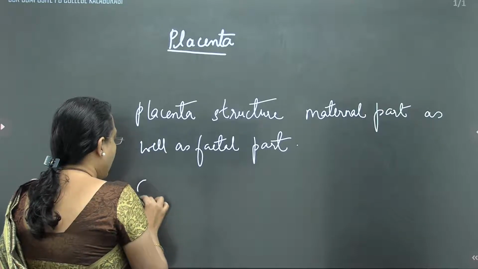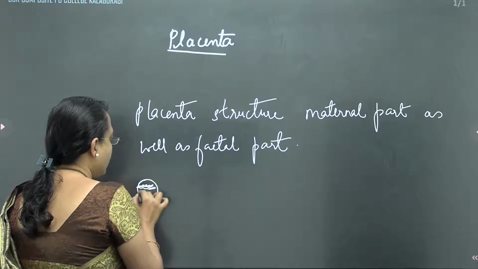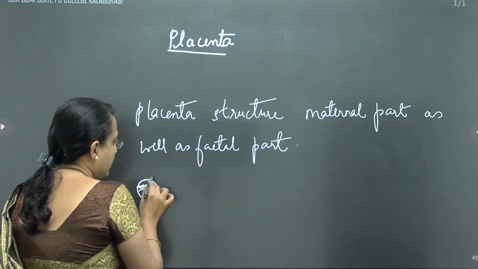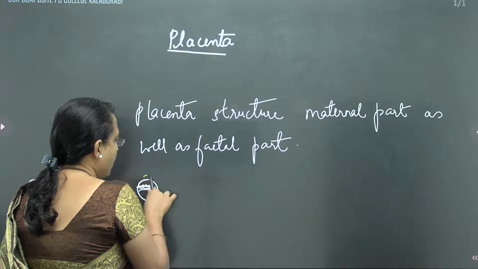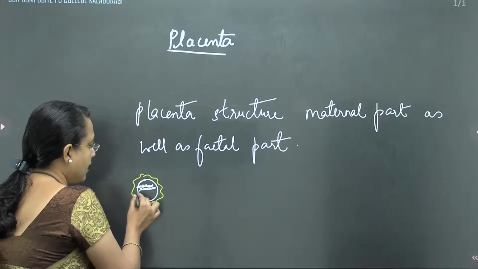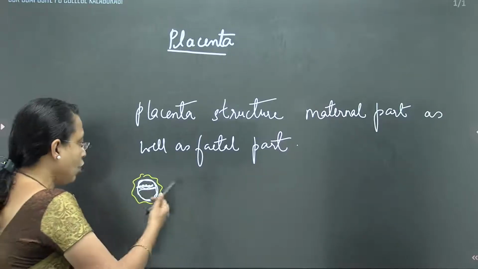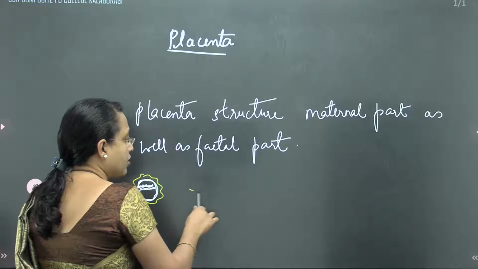So you'll know that as the blastocyst is formed and a gastrula is formed, simultaneously the trophoblast is going to form the syncytiotrophoblast and the inner cytotrophoblast, which later on forms finger-like projections.